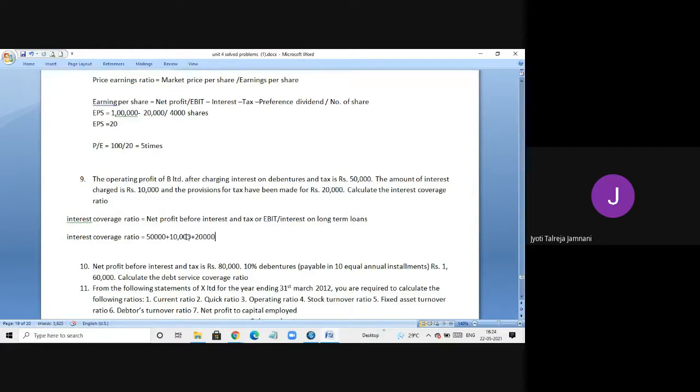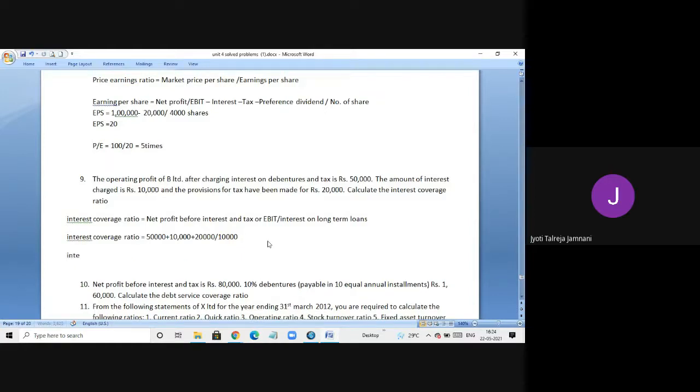If you add it back, your EBIT will be 80,000, which is before paying interest and tax, divided by interest on long-term loans, which is given as 10,000. So the amount of interest charged is 10,000. So if you solve this, you'll get the interest coverage ratio eight times.